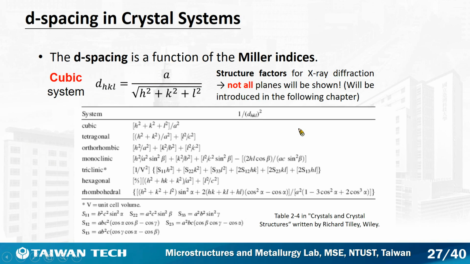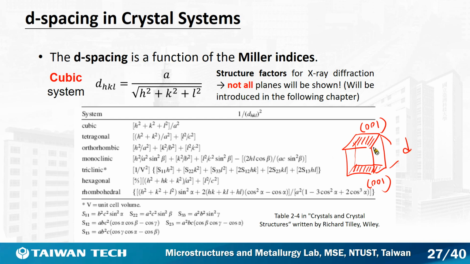And this slide shows the D-spacing in crystal systems. I think we already talked about D-spacing. For example, this is the 001 plane. This is also a 001 plane.